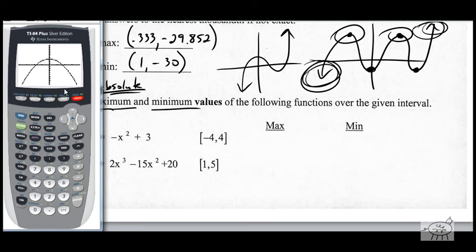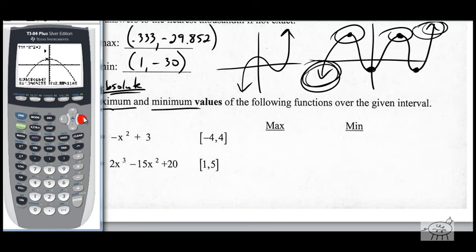So I can look at this problem and I can say, oh, the maximum is this high point right here. Okay, so again, if I want to use my calculator, I can do second calculate maximum. So it's 4. And just make sure we're to the left of that. Hit enter.